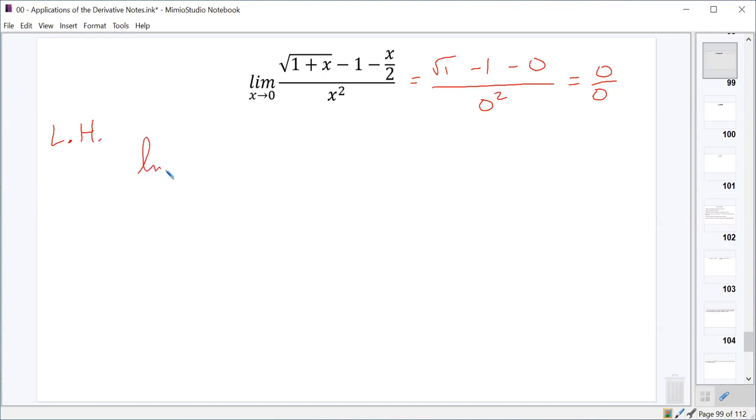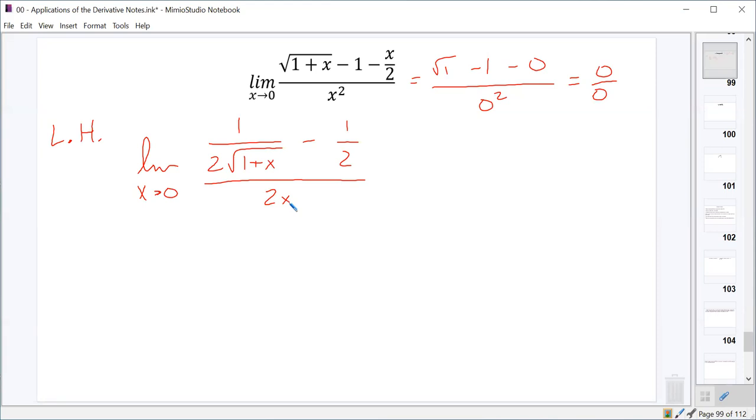And this gives us a limit as x approaches 0. And the derivative of root 1 plus x is 1 over 2 root 1 plus x times the derivative of 1 plus x, which is just 1. So I'm going to ignore that. And then the minus 1 here becomes a 0. And the minus x over 2 becomes minus 1/2, all over 2x.